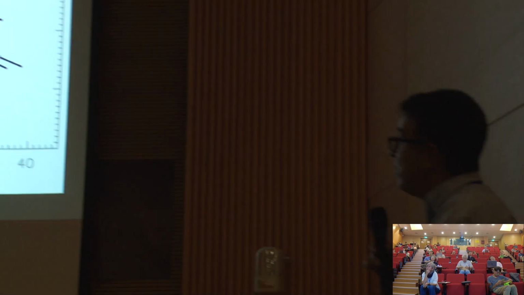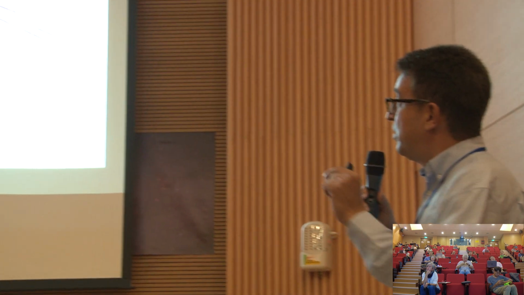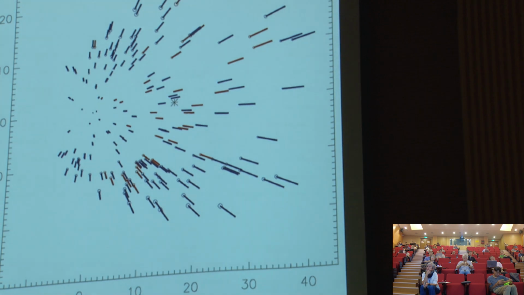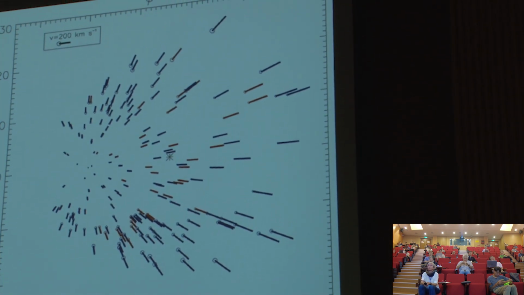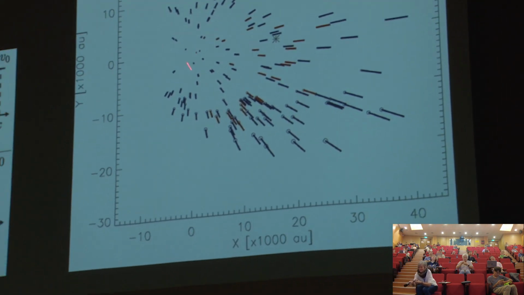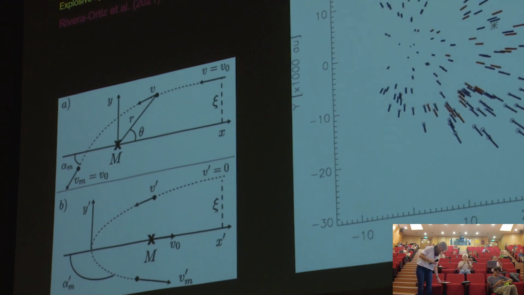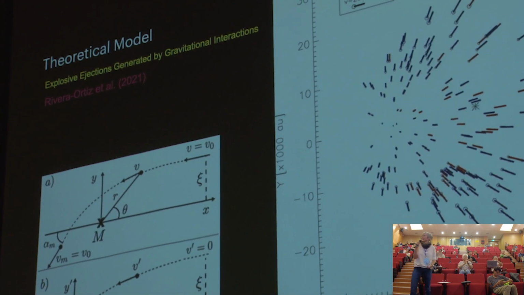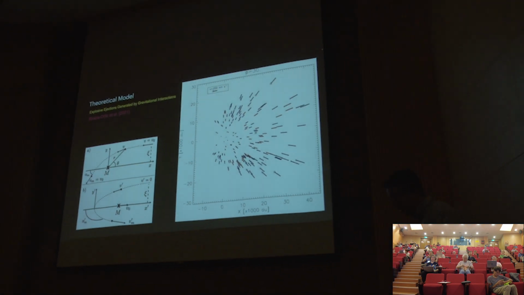Something that we are working on with Jorge in Mexico and other collaborators is that if you have some kind of cluster of chunks of material and then you pass some really compact object through the cluster, then you can have this kind of motion like a Hubble flow. And this is the idea that we are now thinking about to explain this explosive outburst.